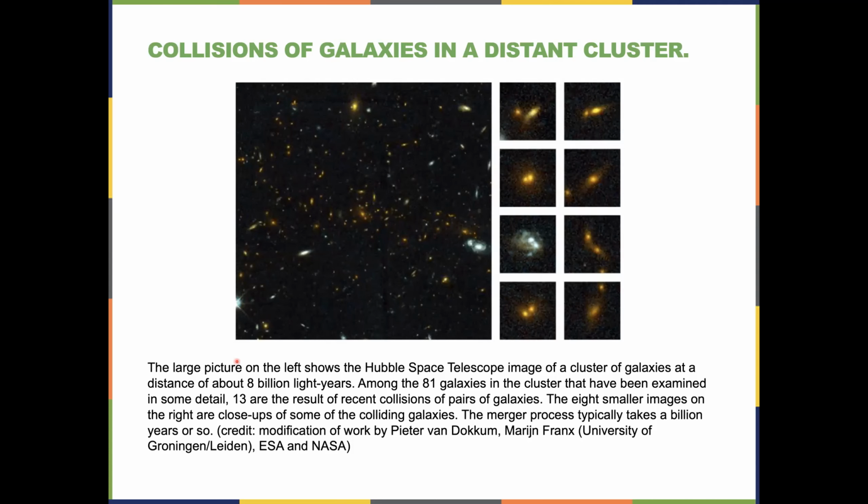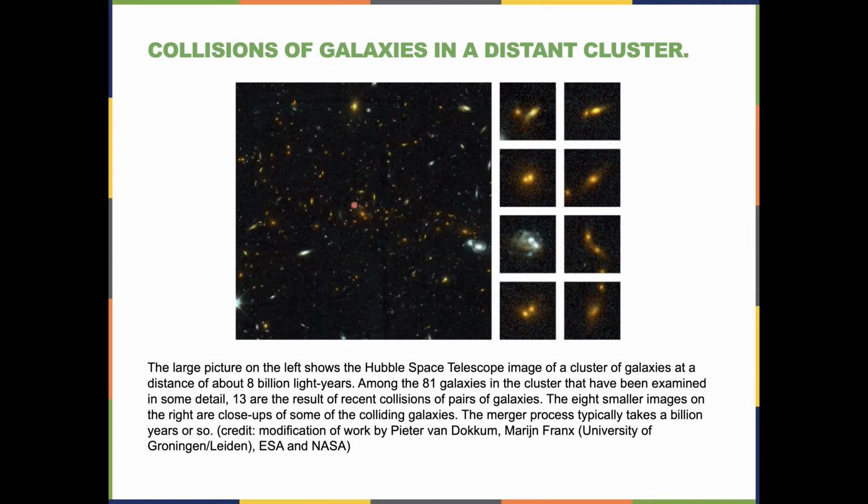What you can see here on the left side, this picture right here, is a Hubble telescope image of a galaxy cluster which is about 8 billion light years away from us. They have examined around 81 galaxies inside the galaxy cluster.